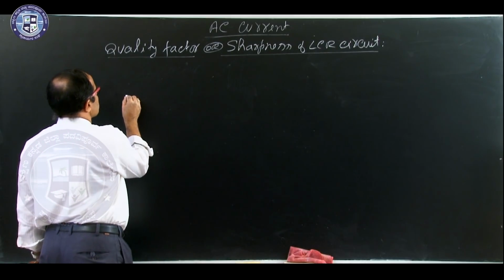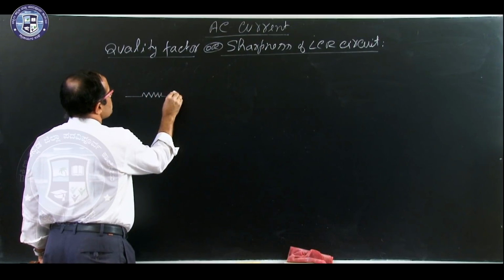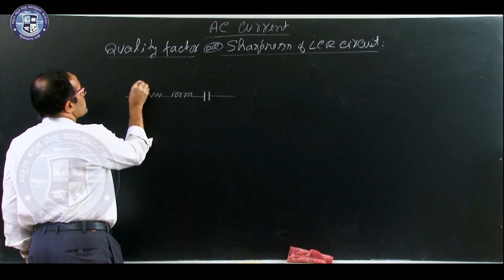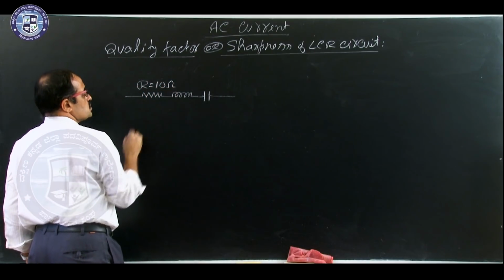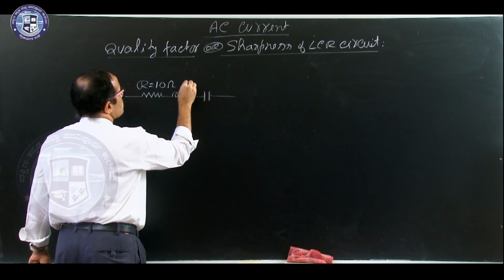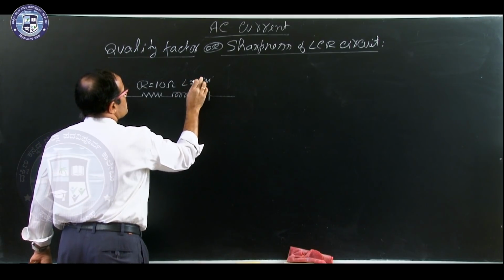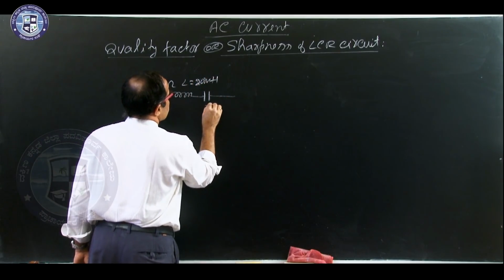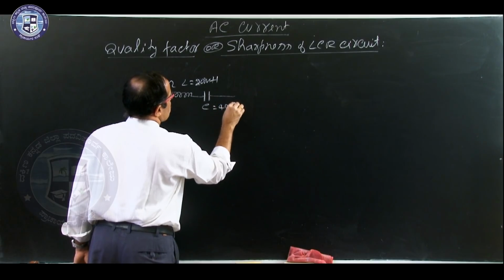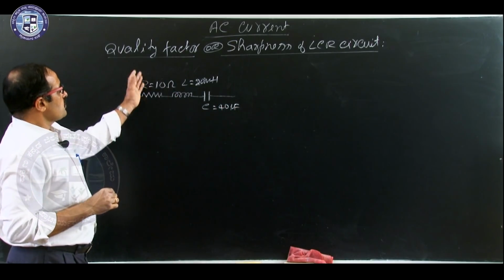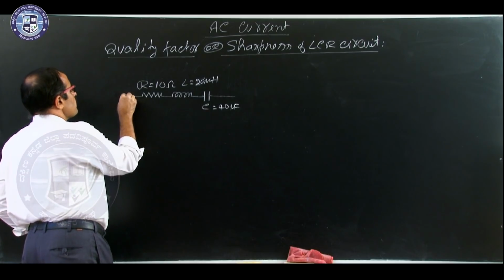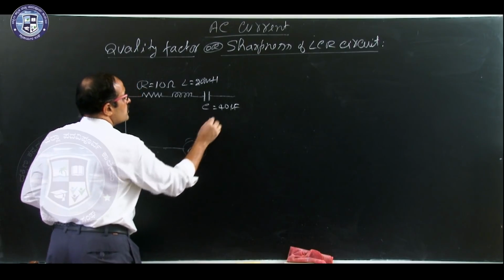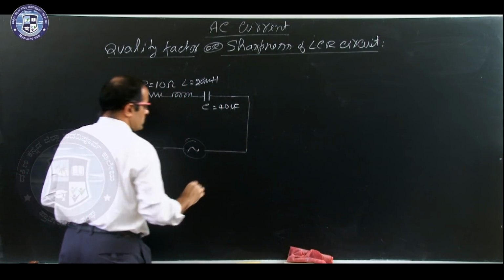I am taking one LCR circuit here. Let us say R equal to 10 ohms and L, let us say 20 millihenry, and capacitor value, let us say 40 microfarad. Think that you have one LCR circuit, and this is connected to an AC source, like this.